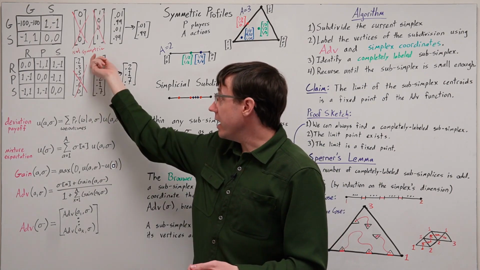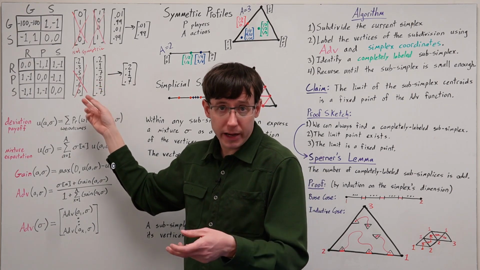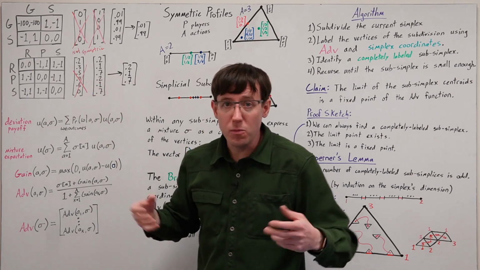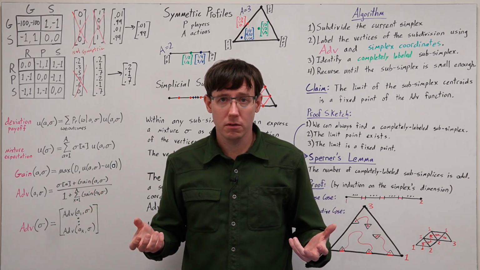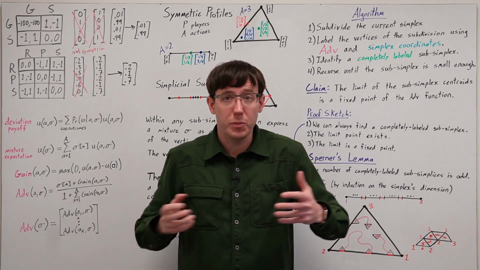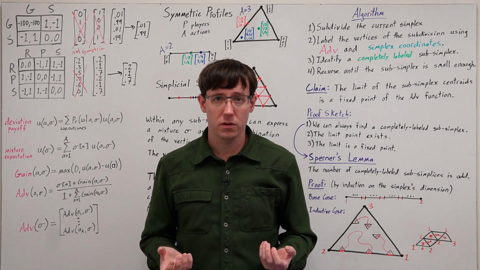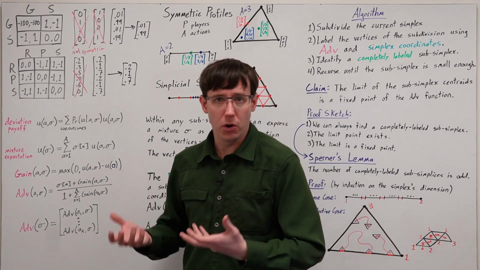Before, when we had a dimension of the vector for every action of every player, if we had a game with 50 players who each had 10 actions, then a profile would need 500 dimensions to specify all of their strategies. And that vector would live in a 500-dimensional simplotope.